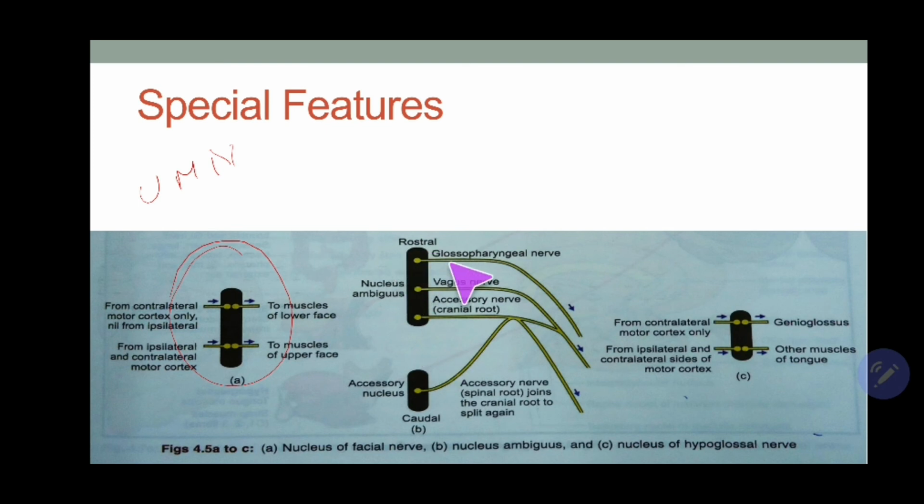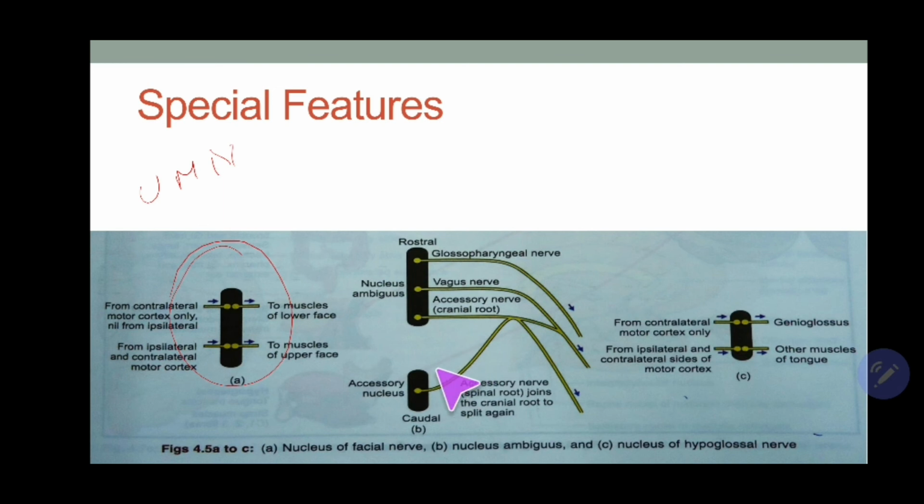So this is for the third arch glossopharyngeal, and for the fourth and sixth arch, the two nerves, vagus and cranial accessory, together join to form the vago-accessory complex, and that innervates the muscles of the soft palate, the pharynx and the larynx. So that is how this is supplying.